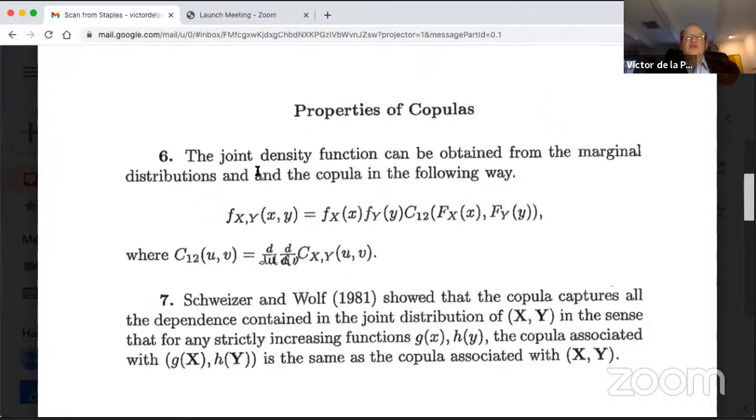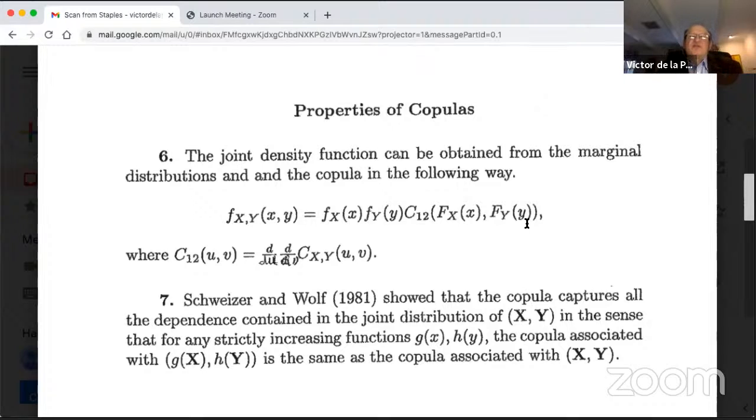There is this expression: any joint distribution function under the conditions we have stated can be written as the product of the marginal density functions times the partial derivatives of the copula associated with the density at Fx of x, Fy of y.